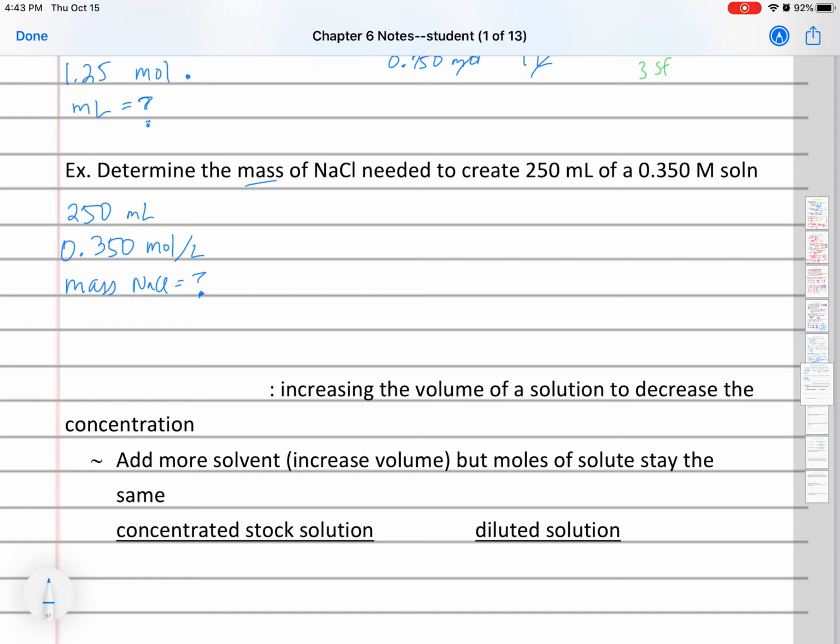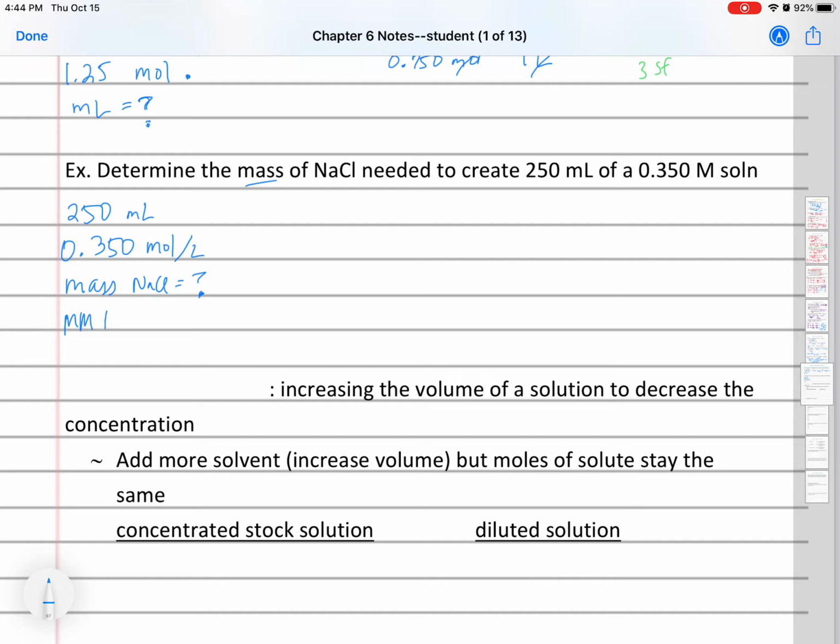All right, so mass is in grams, but so far all I have are volumes and moles. So what's another way, what's something that can relate grams to moles? Ooh, molar mass.